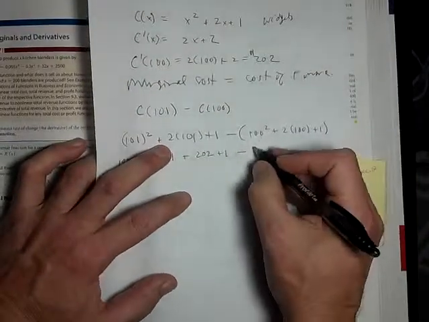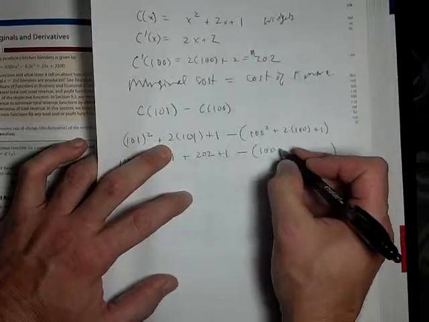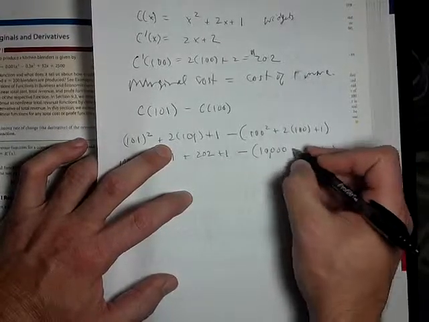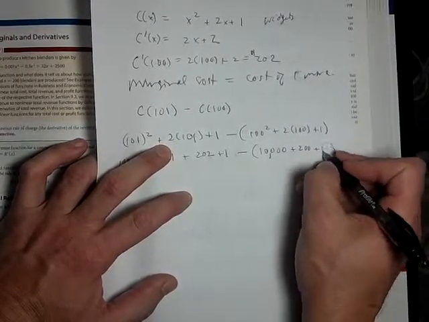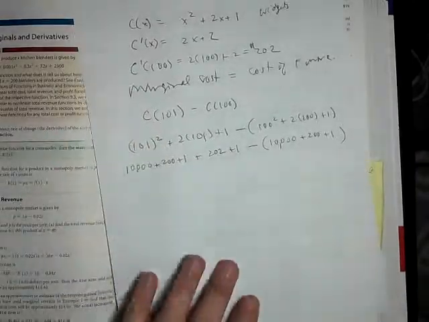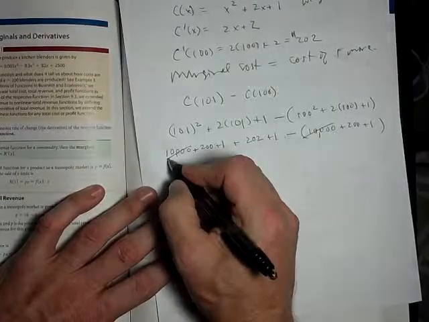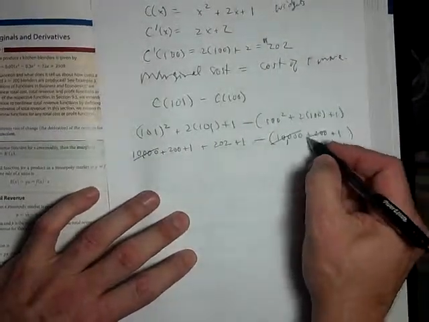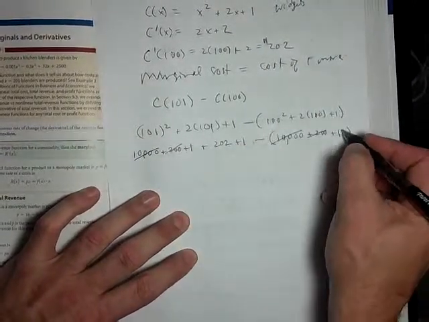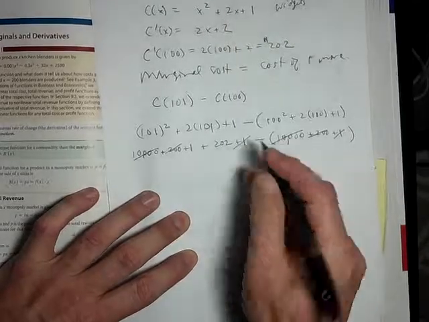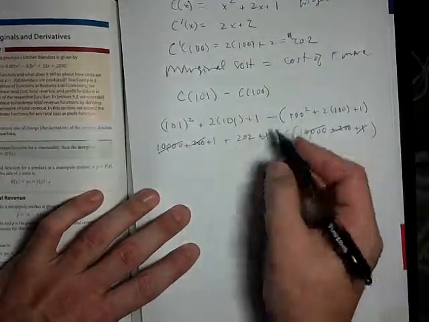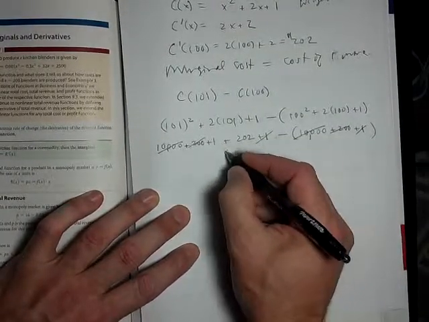Subtract off the quantity 10,000 plus 200 plus 1. All right, I think I almost did it. So these go away, these go away, and these go away, leaving me with 203.